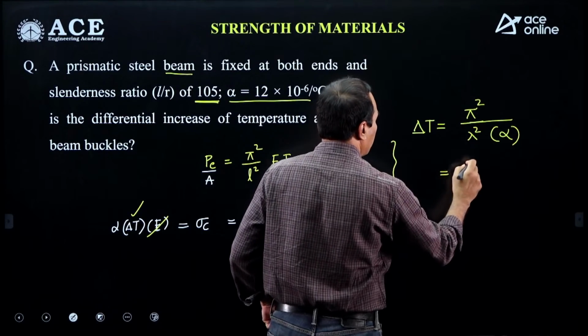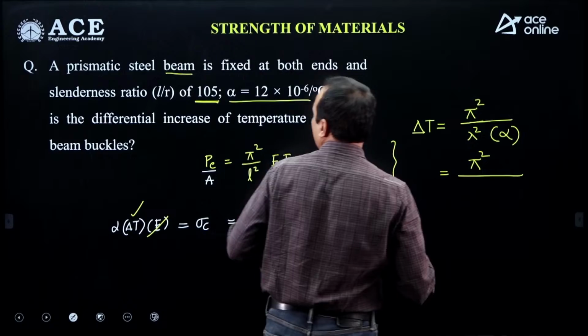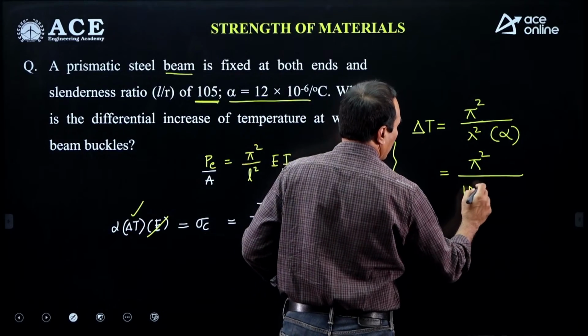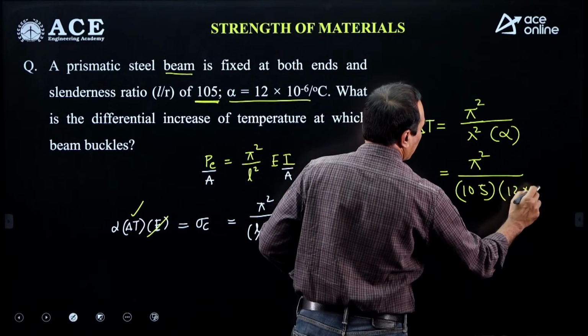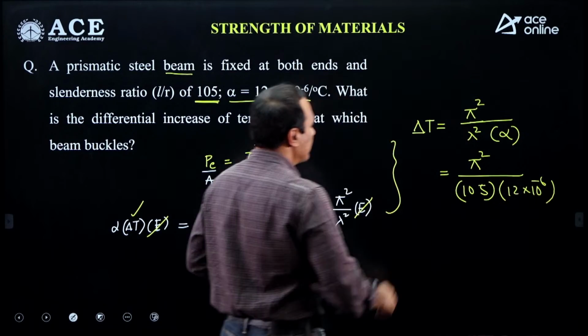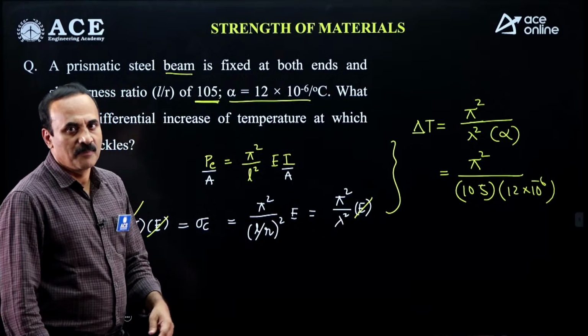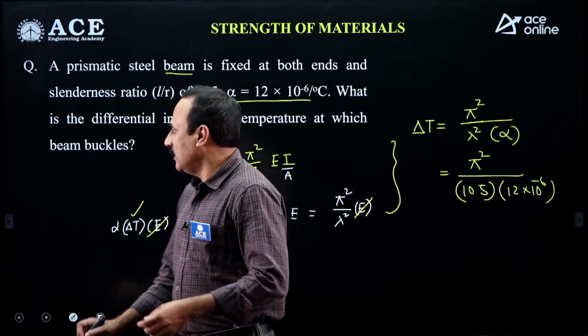You can simplify this: pi square by lambda, which is 105, and alpha is 12 into 10 raised to minus 6. You can simplify, and that is the change in temperature. So, a slightly critical question.